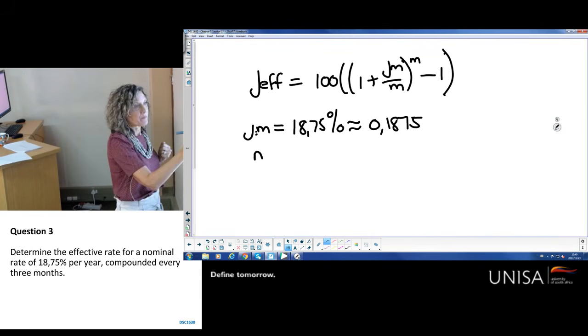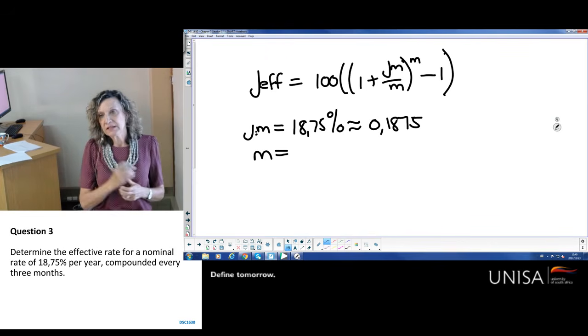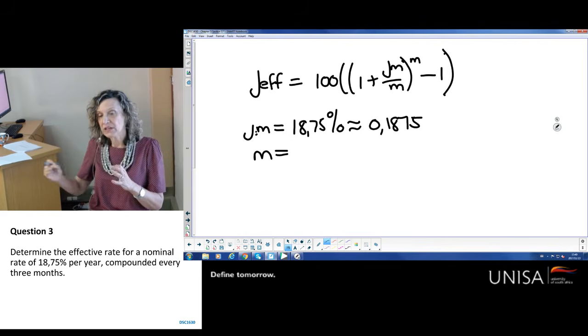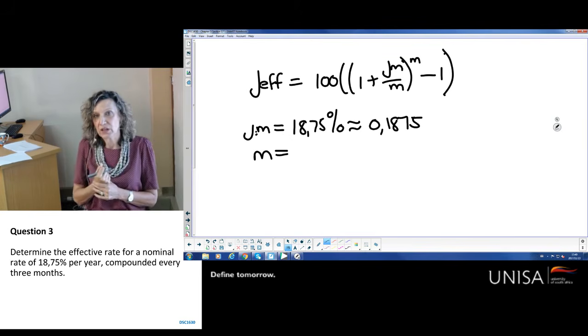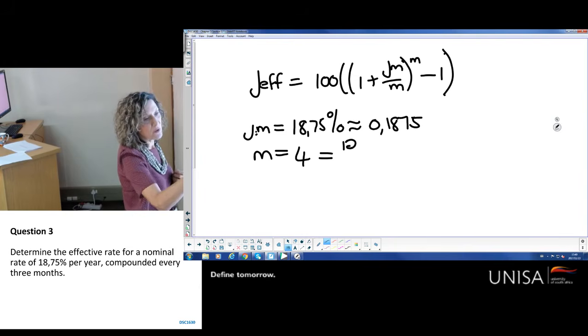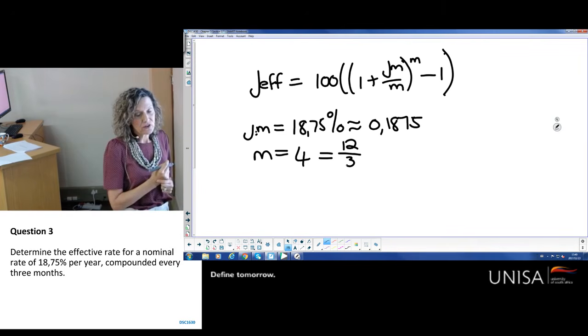What is M? M is the number of compounding periods in a year. In this case, it's compounded every 3 months. Meaning, if I've got 12 months in a year, every 3 months, so how many times? 12 divided by 3 would give me 4. You can also write it as 12 months in a year and every 3 months.